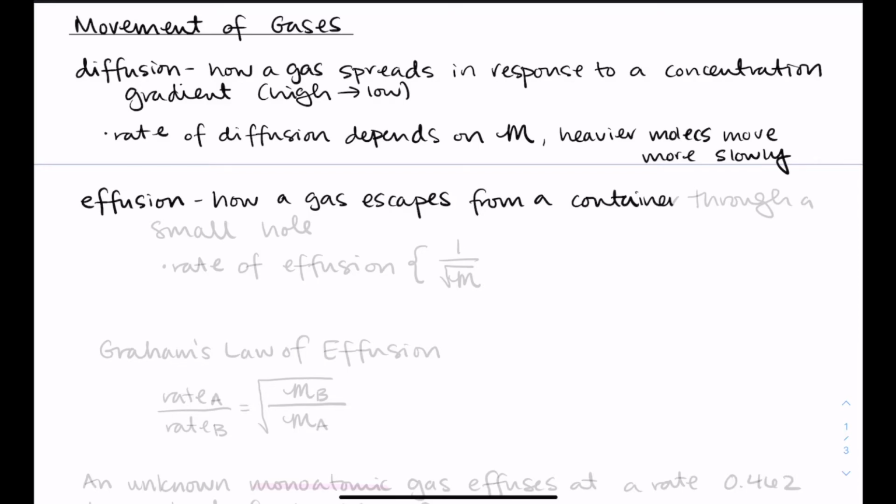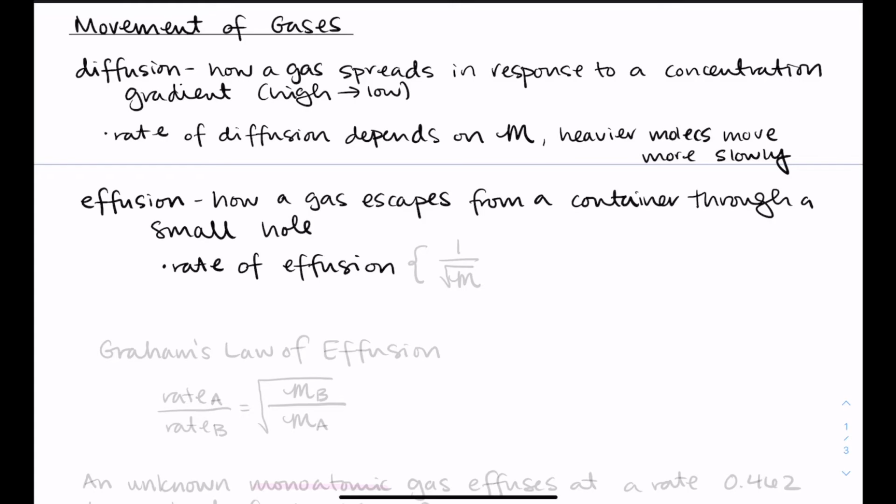The other movement of gases that we will look at is something called effusion, which is how a gas escapes from a container through a small hole. So the rate of effusion is proportional to 1 over the square root of the molar mass. It gives you the same idea, which is that if it's heavy, it moves more slowly.